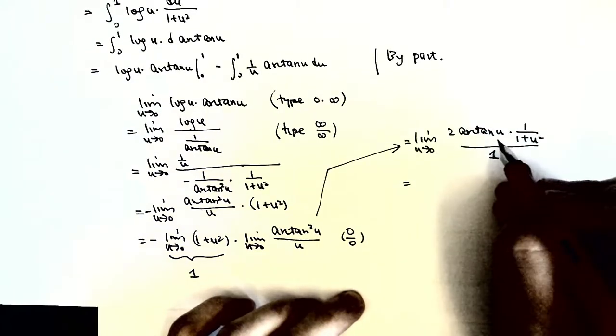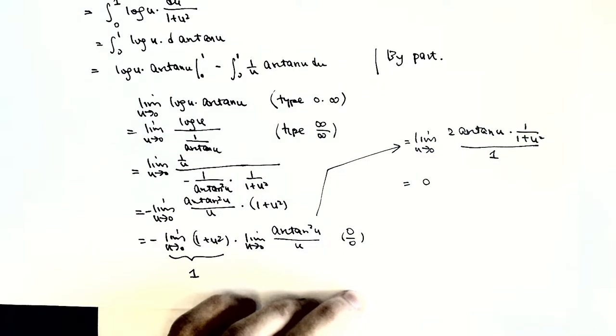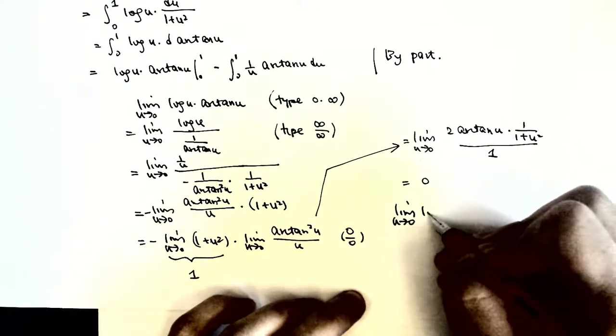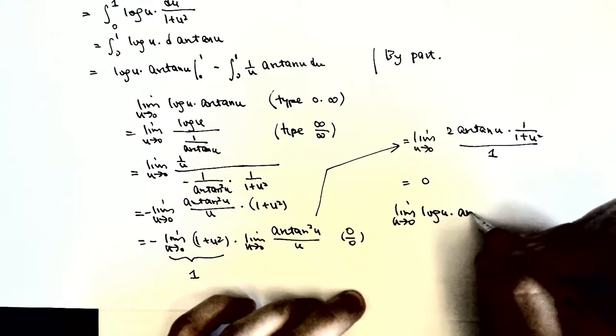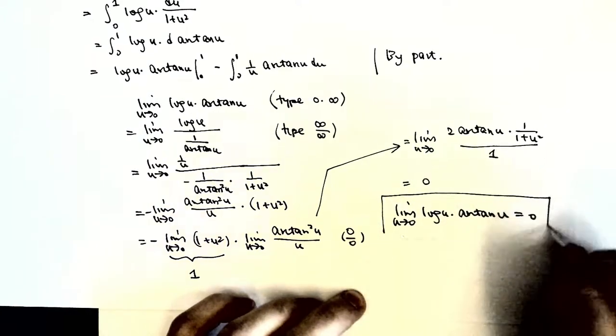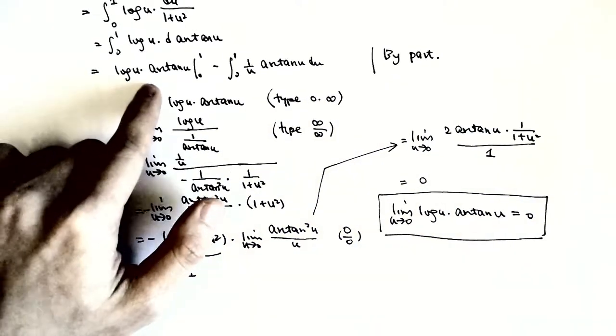Then we plug in u equal to 0, which gives 0. So we conclude that the limit as u tends to 0 of log u times arctangent u is actually 0.